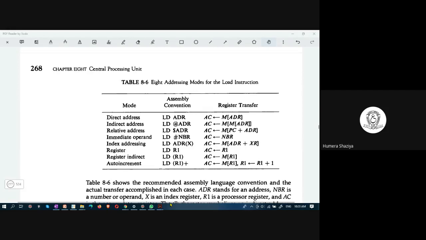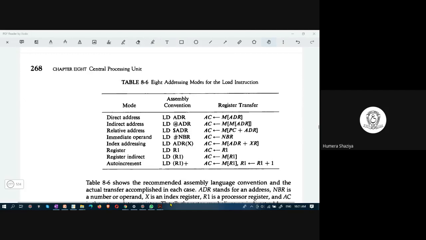M means memory, and ADR denotes the address of the memory. The value stored in memory pointed to by ADR is brought into the accumulator.